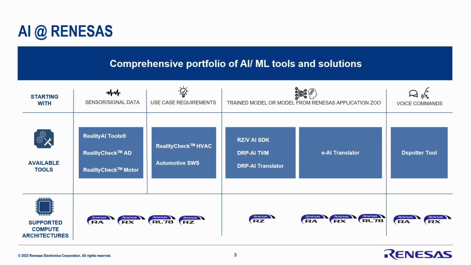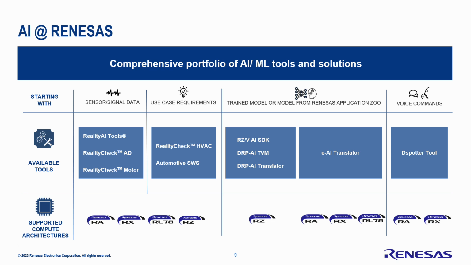Similarly, Reality Check Motor detects anomalies on motor control applications, and it can do it even sensorless, just by watching what happens on the current and the phases of driving the motor. And that system can run on our ARM-based device families from Renesas.